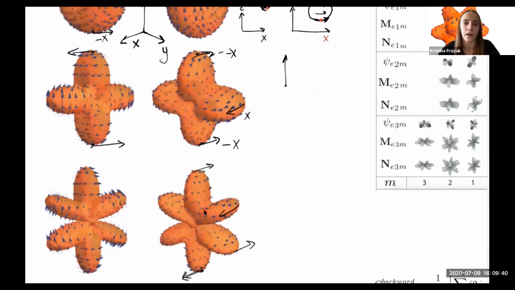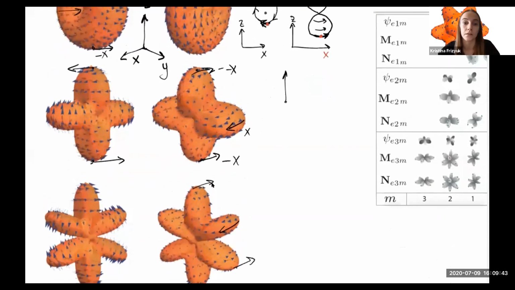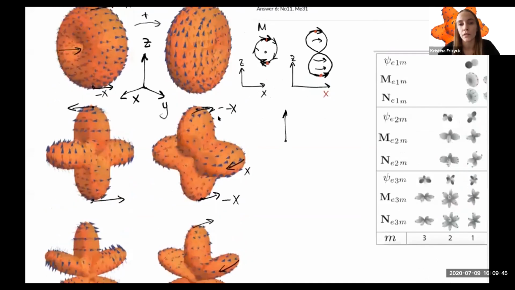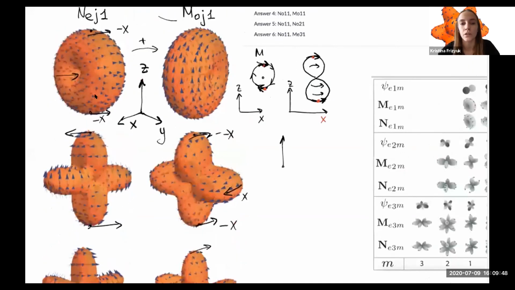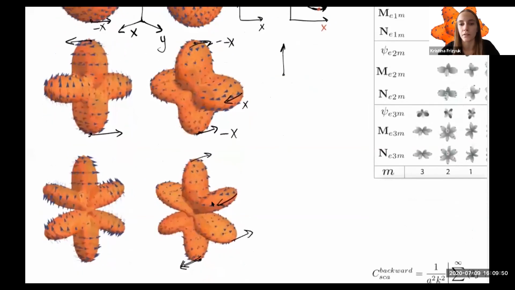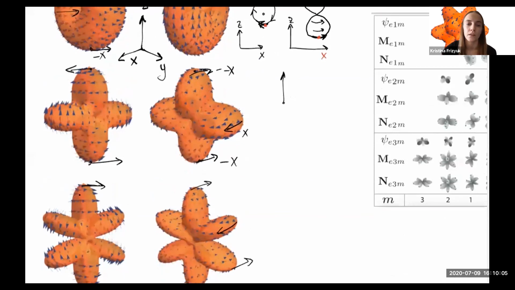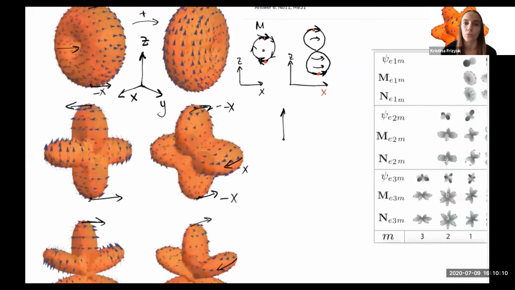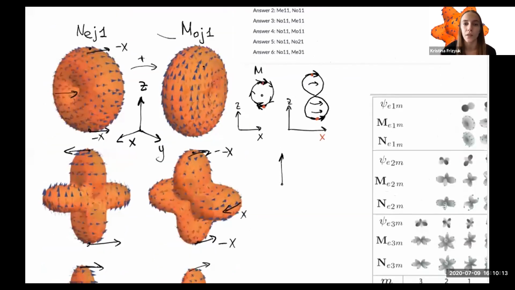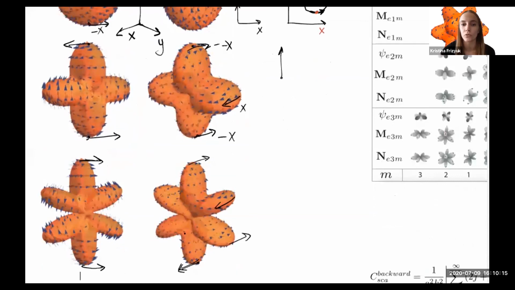So it can add up with either the magnetic quadrupole or the electric dipole to form directivity. And the electric quadrupole behaves at these two points in the same way as the electric dipole. So it can add up with either the electric quadrupole or the magnetic dipole or the magnetic octupole to form directivity.